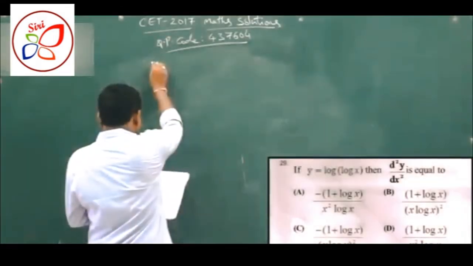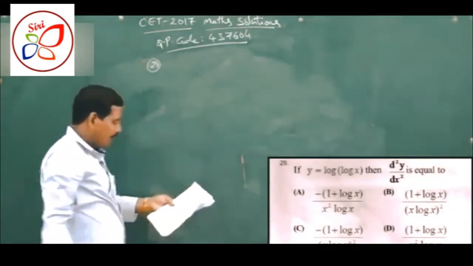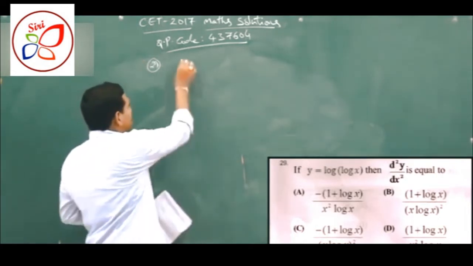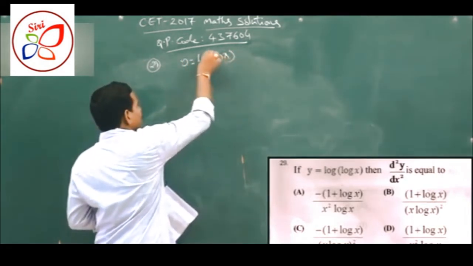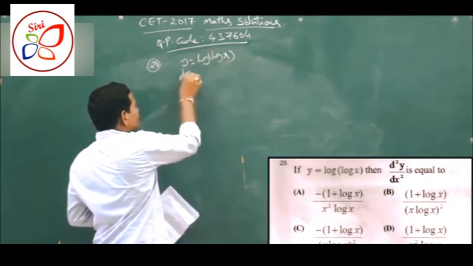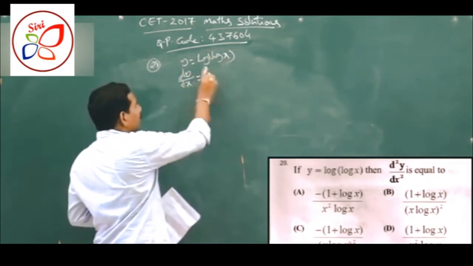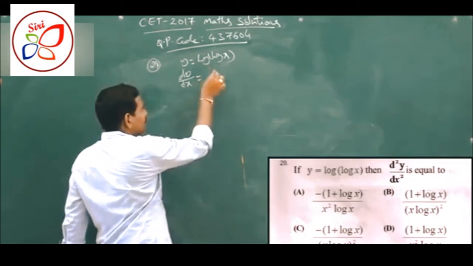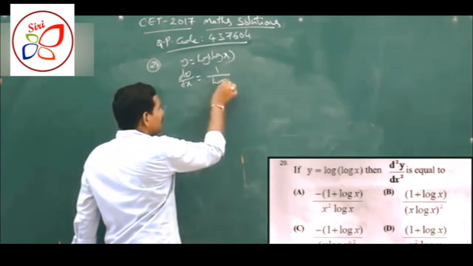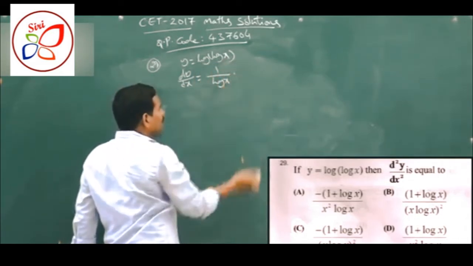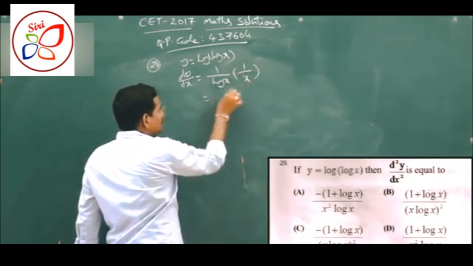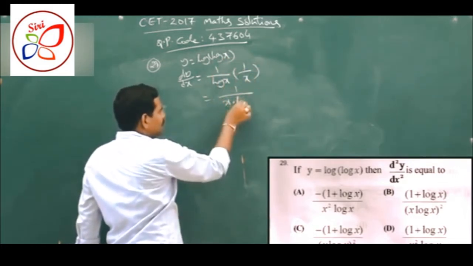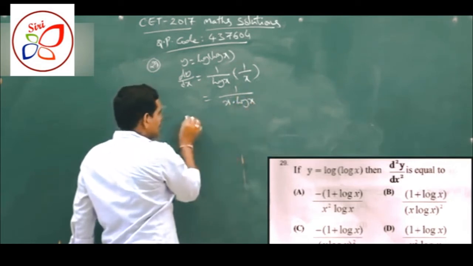Question number 29. Y is equal to log of log x. This is from derivatives. Its derivative dy by dx is equal to, here two functions. For the first function, derivative of log is 1 by x, in place of x, log x is given, into derivative of second function, derivative of log x is 1 by x. So dy by dx value is 1 by x log x.